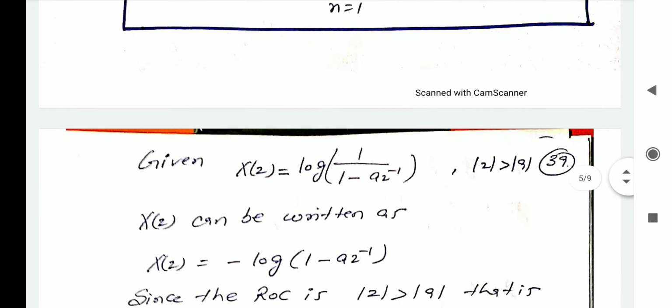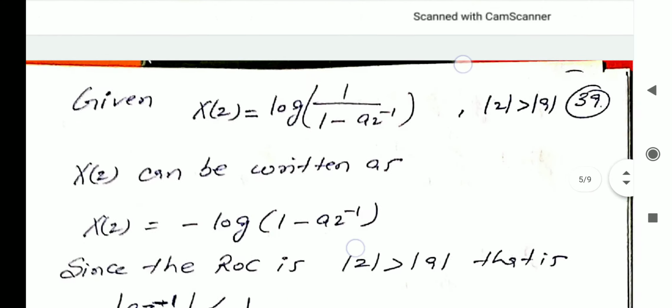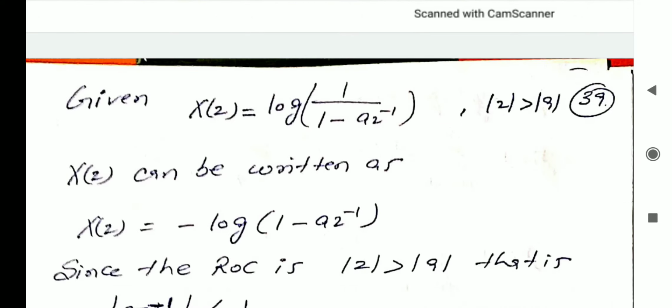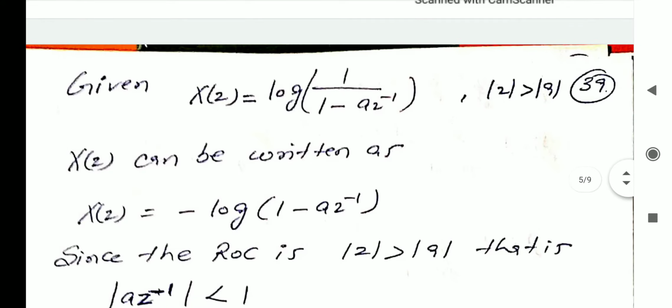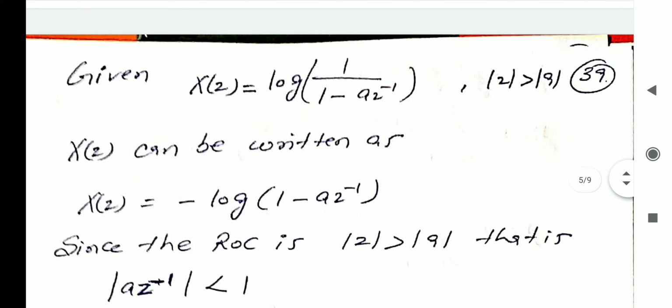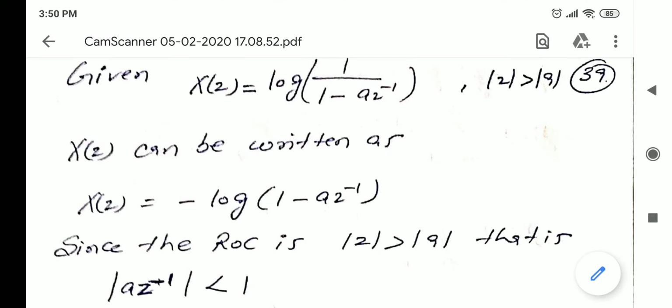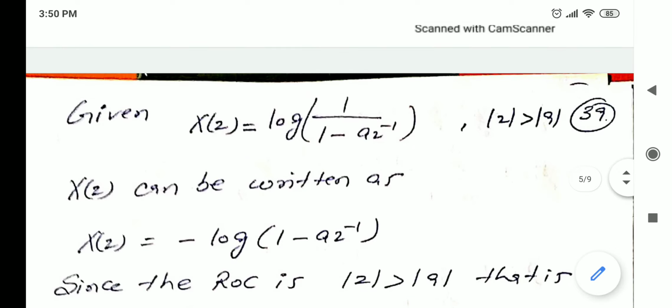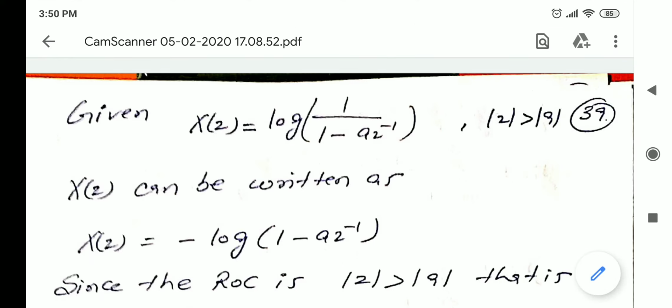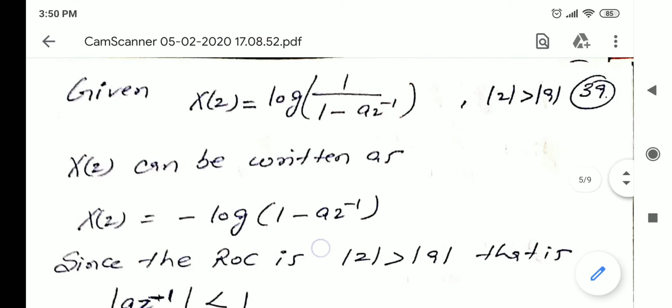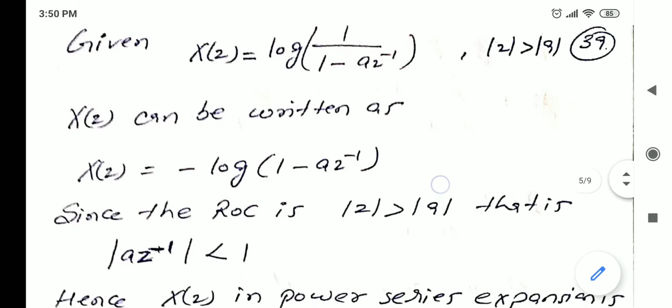Now we are given with x of z as log of 1 by 1 minus a z to the power minus 1, where mod of z is greater than mod of a. Now x of z can be written as minus log of 1 minus a z to the power minus 1, because anything to the power minus 1 inside a log is taken as a number in the front.